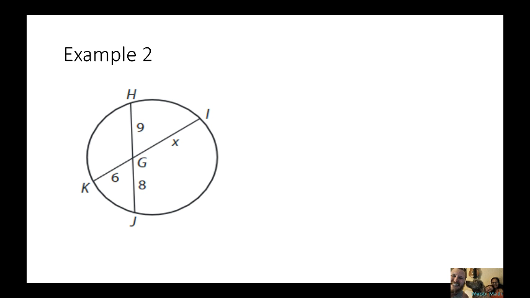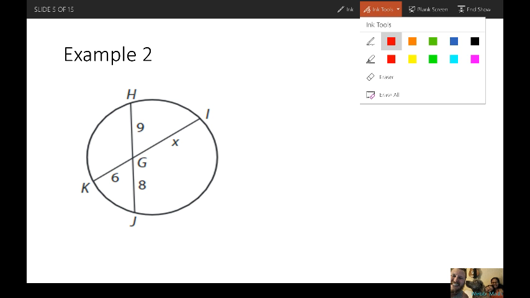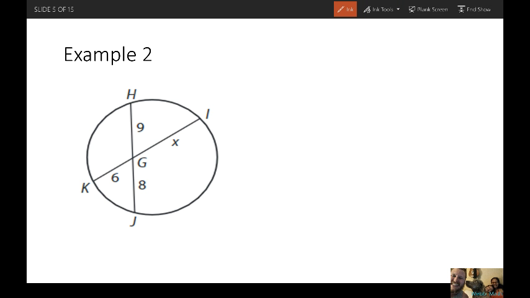In example 2, we're going to find x again. Let's see, where to start? We have HG times GJ, and then we have KG times GI.